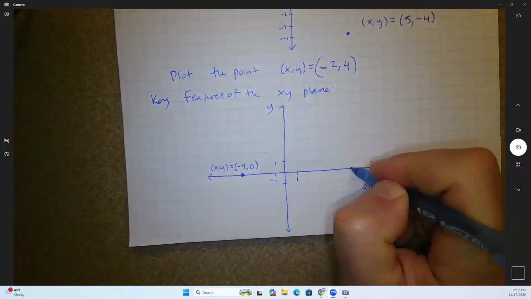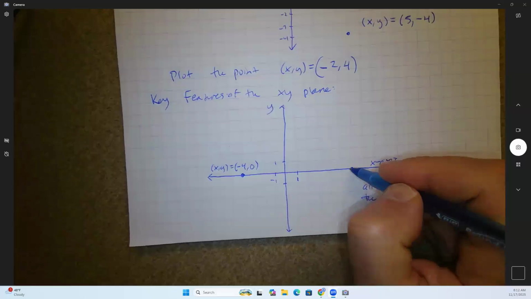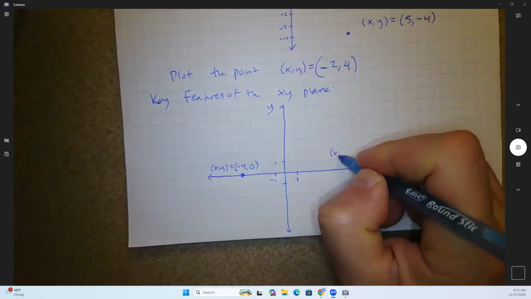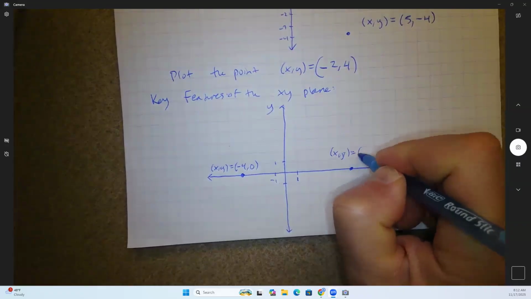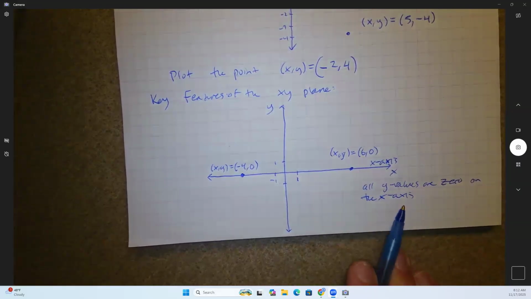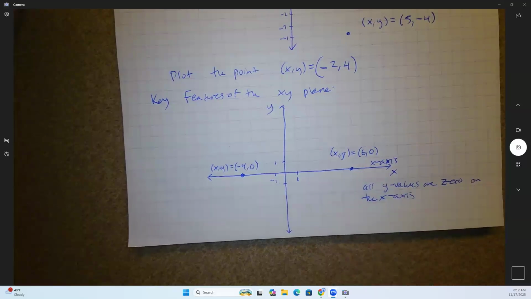And over here on the right side, 1, 2, 3, 4, 5, 6, x equals 6 and still y is 0. So all y values are 0 when you're on the x-axis. It's a little bit of a change, right? X-axis means y is 0.